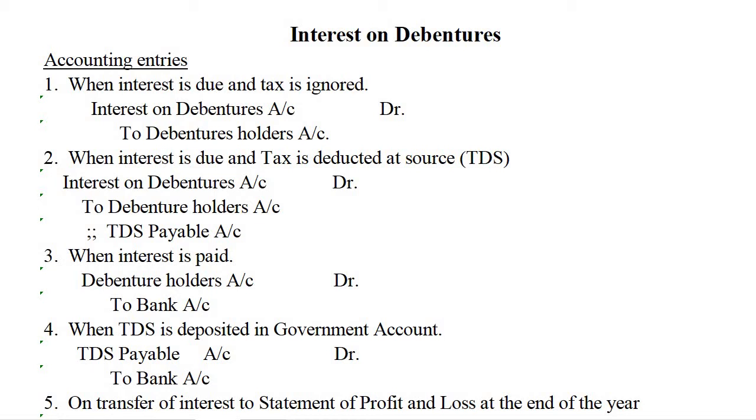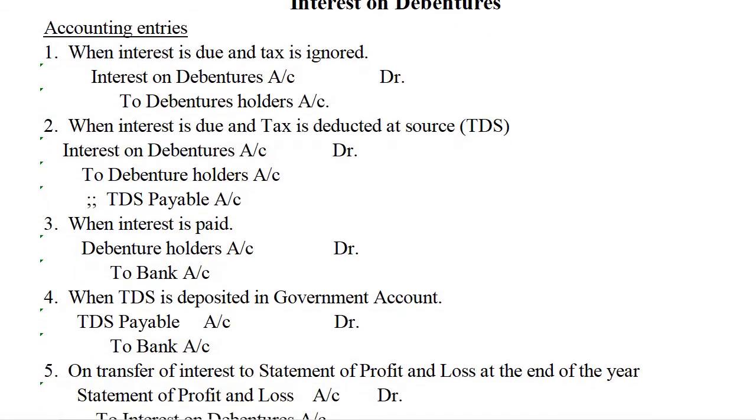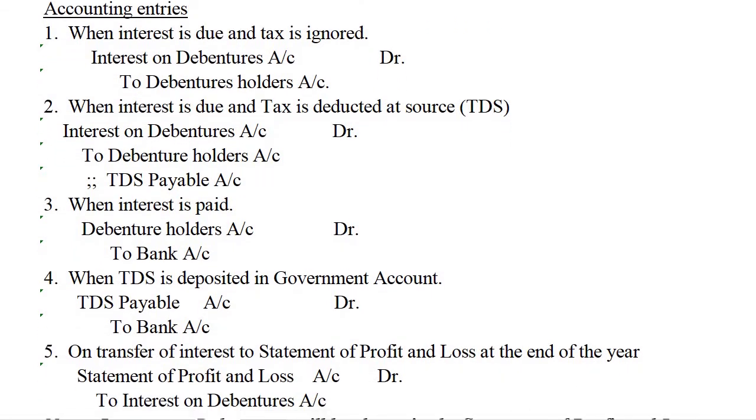Okay, suppose we are told that the interest will be paid half yearly, that means twice in a year the interest will be given. Suppose the total interest for the year is 50,000, then first 25,000 will be given at the end of the 6th month, and remaining 25,000 will be given at the end of the next 6th month.